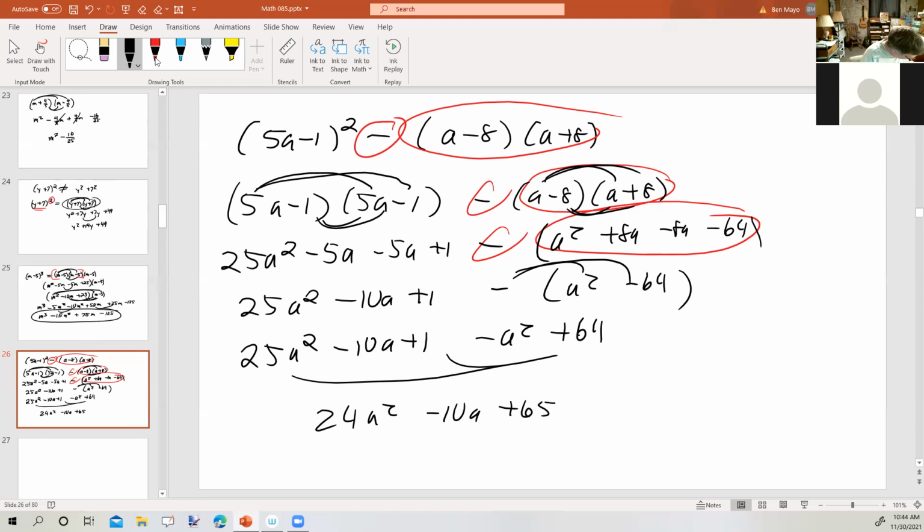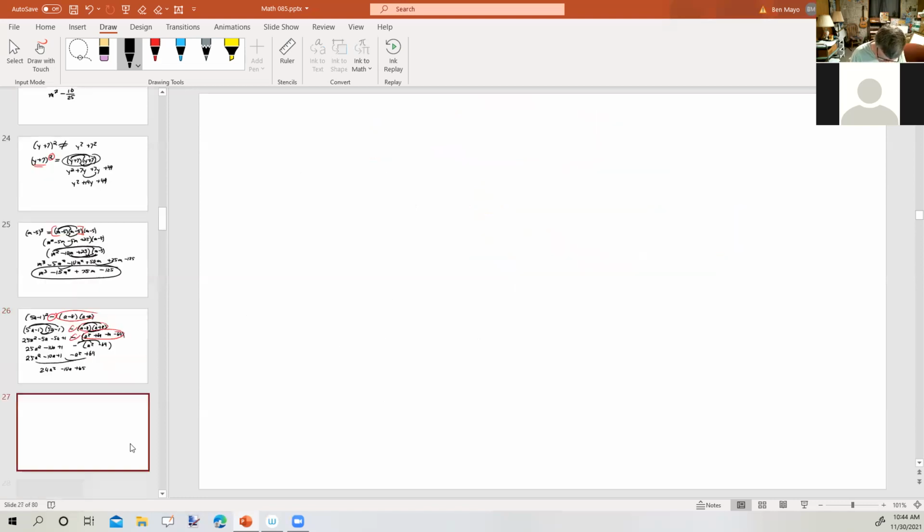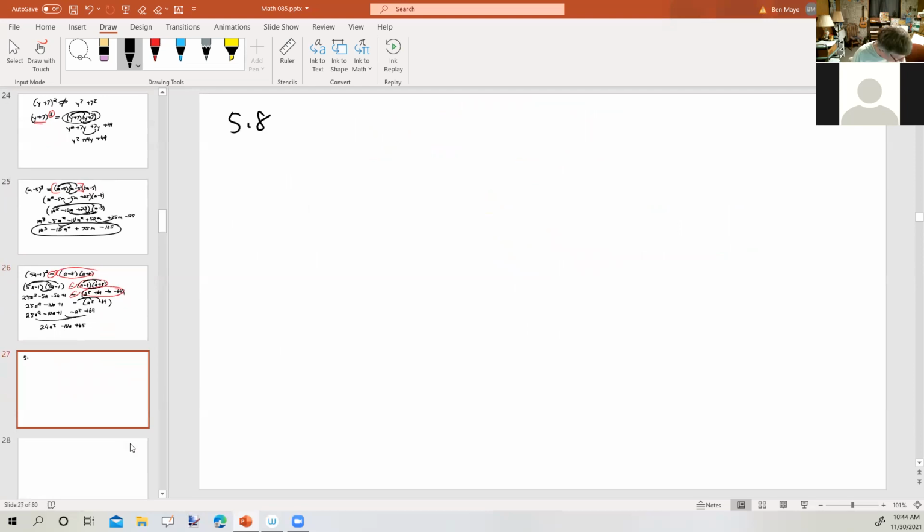Let's go on to section 5.8, which was dividing polynomials. So starting out with, if we have a monomial divided by a monomial, a to the 12th divided by a to the 8th.